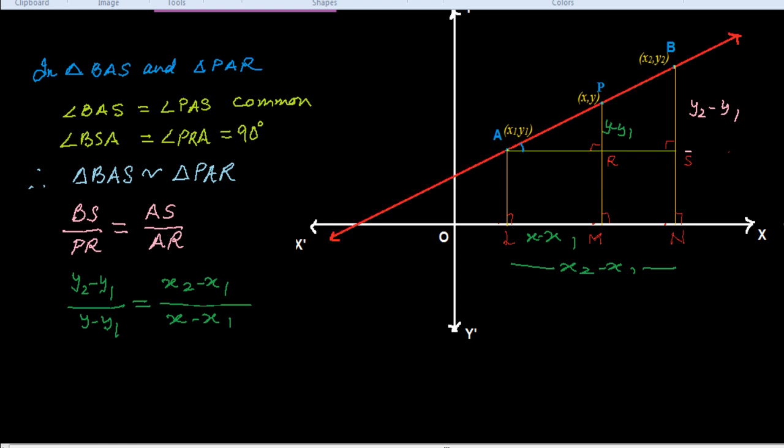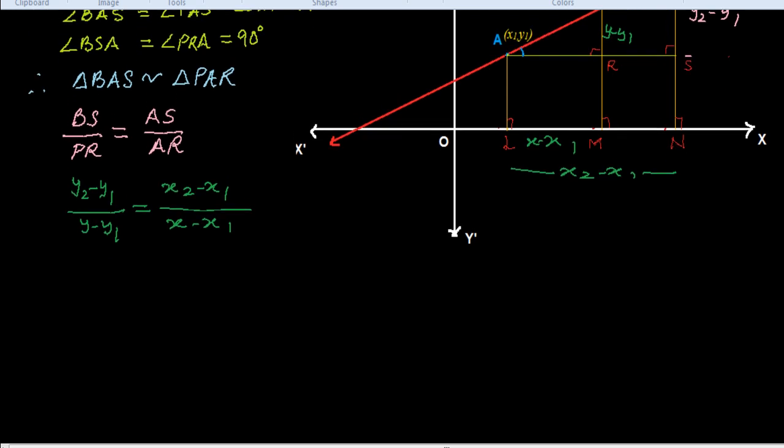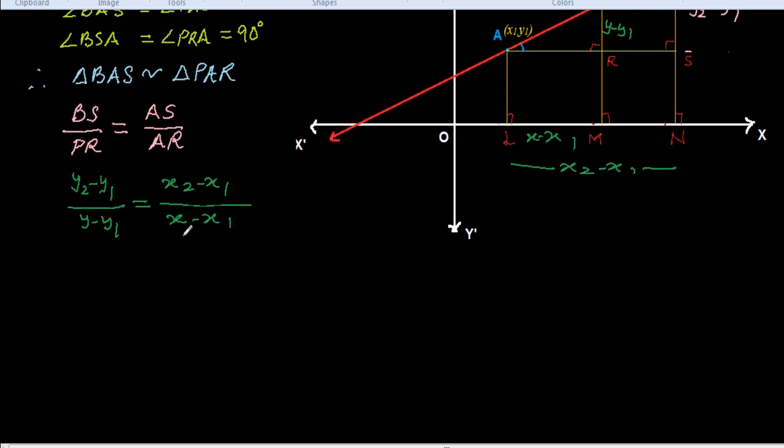Now what we have to do is invert this, making it y minus y1 upon y2 minus y1 equal to x minus x1 upon x2 minus x1.